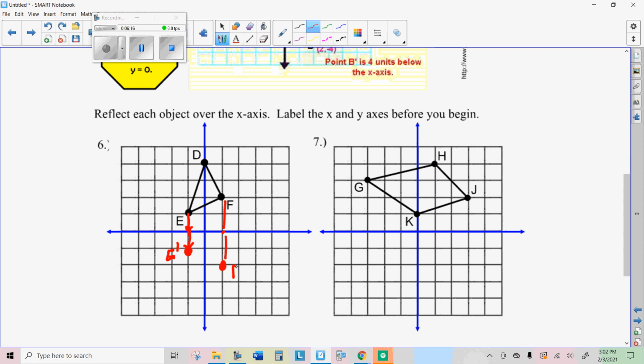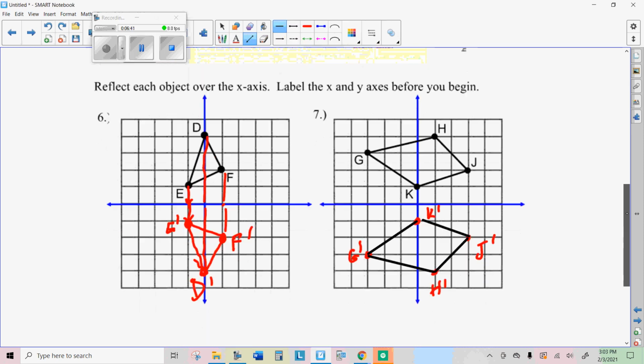And that will be my image of F. And then D, I need to go down 4 to get to the x-axis. I'll go 4 more. And that's my image of D. And then you just draw on the lines. And that's your image. Go ahead and try the next one.